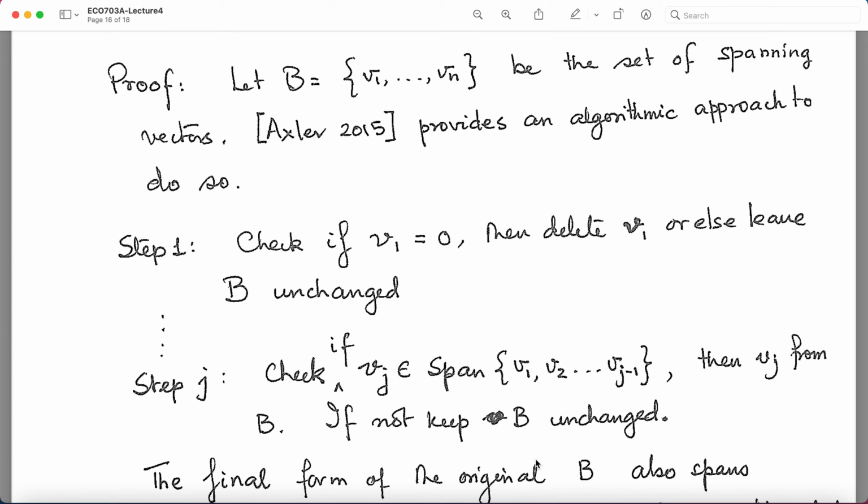If that is so, then remove v2 from B. Remove v2. So, suppose v1 is not 0, you keep v1, and then you now take v2.